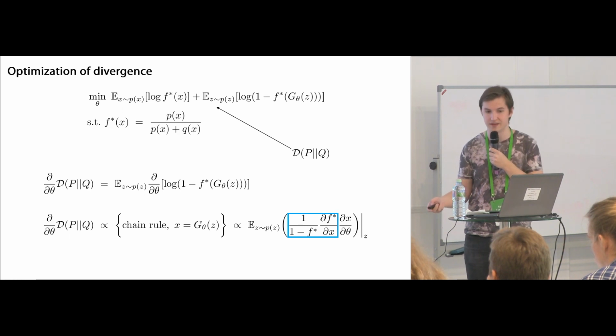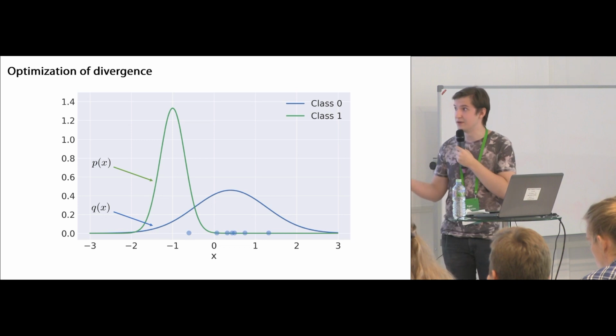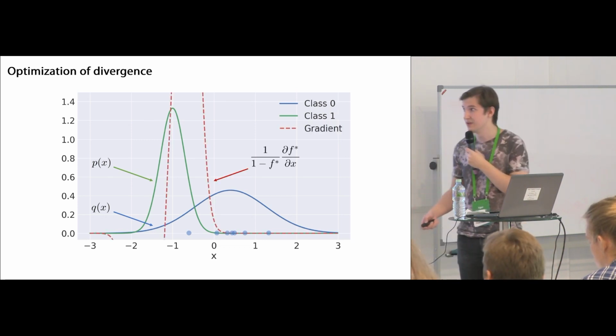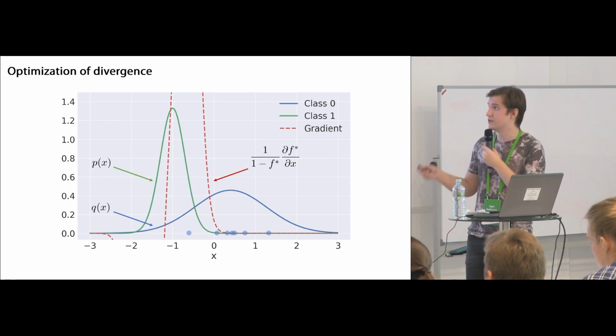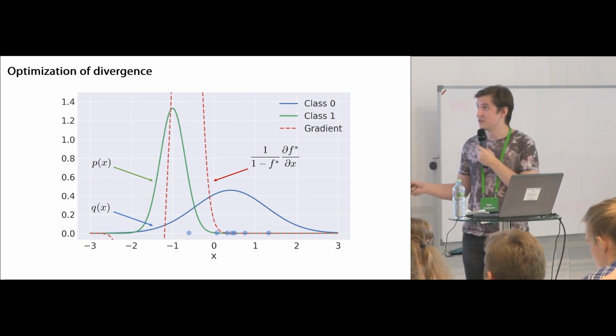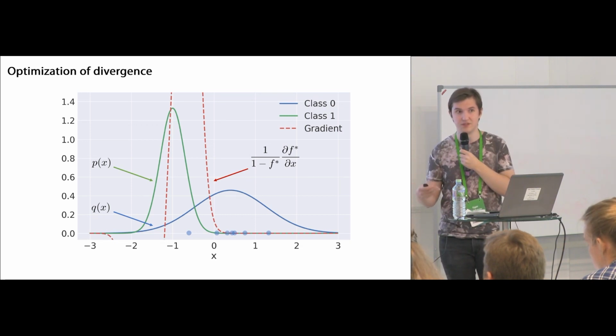We won't be able to train our neural network. And let's see how this multiplier looks in this practical example. We can just plot this curve, right? And we see that we just sampled a couple of points from the distribution Q of x. And for most of these points, in our case at least, this multiplier will be 0.